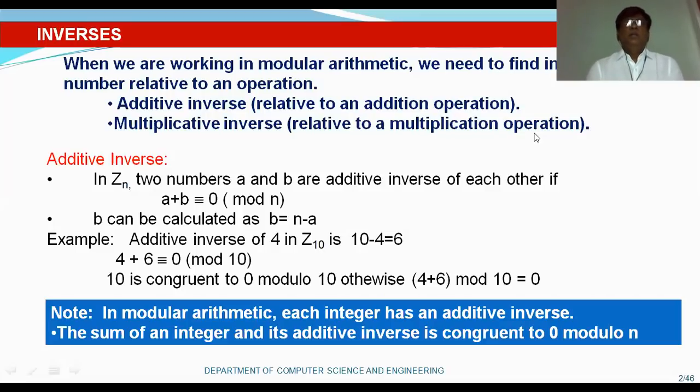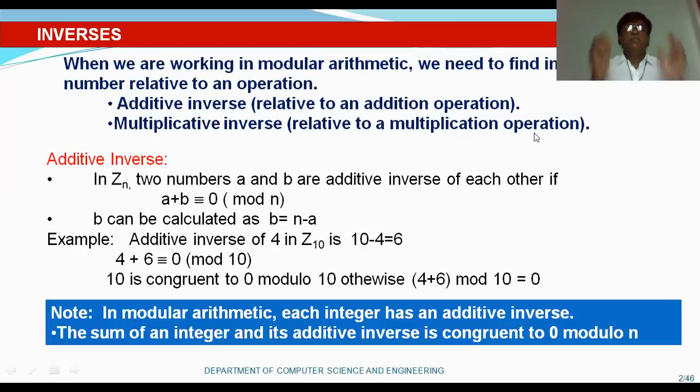Okay, what is the additive inverse? In Zn, two numbers, a and b, are additive inverses of each other if their addition is congruent to 0 mod n, where n is the modulus.